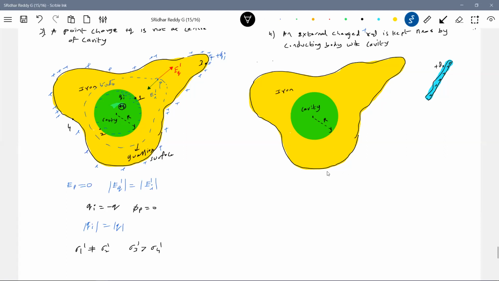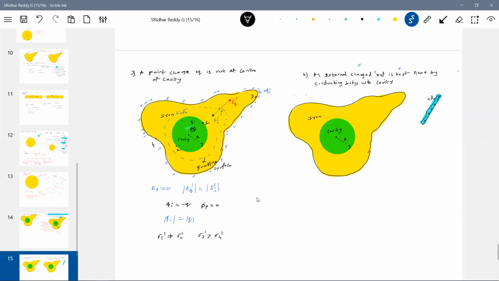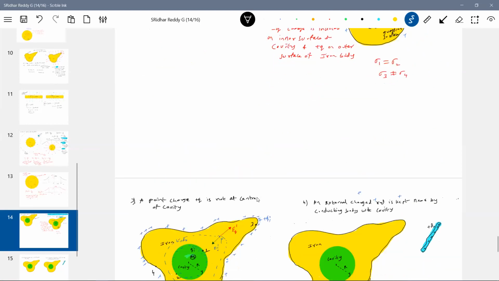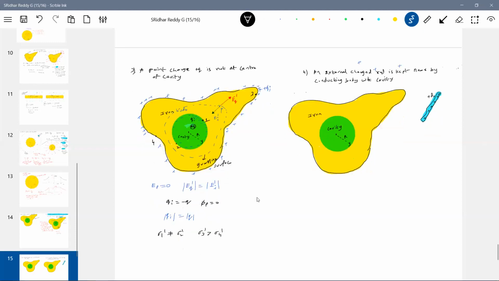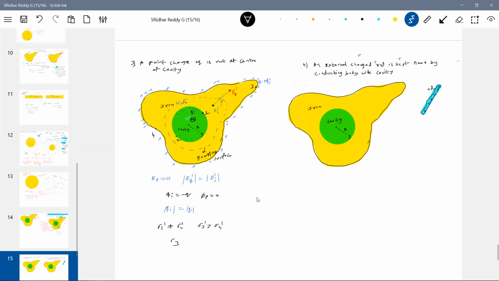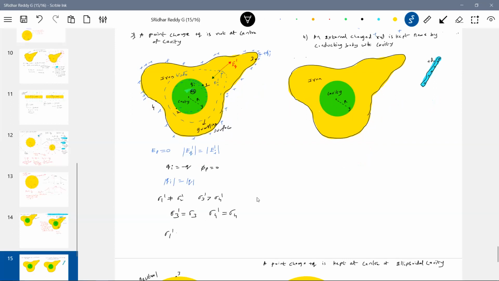Can we compare with the initial value? Sigma 3 will not change. What was earlier sigma 3 dash will become equal to sigma 3 only. There won't be change in them. What about sigma 1? Sigma 1 dash will be greater than sigma 1. Sigma 2 dash.